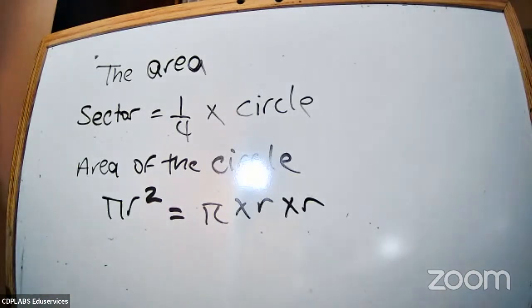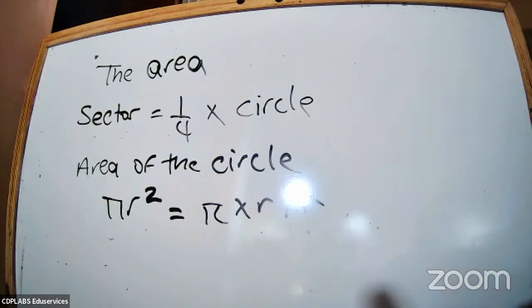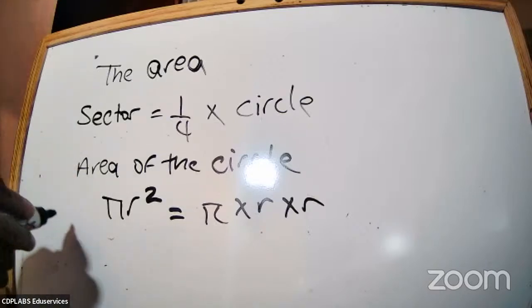So we need the radius. Did they give us the diameter? Yes, sir. But did they give us the radius? No, but they give us what we can use to find the radius, true? Yes, sir.